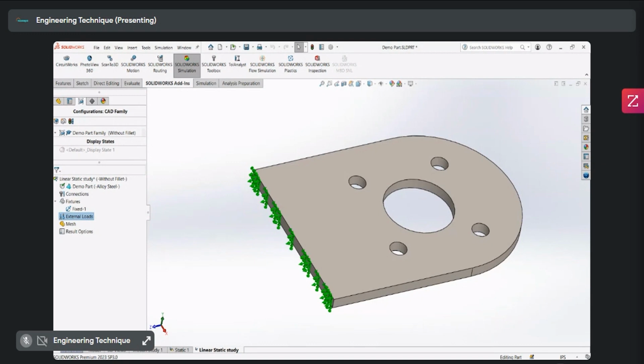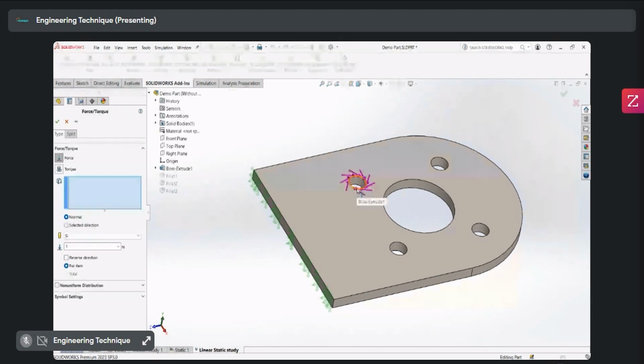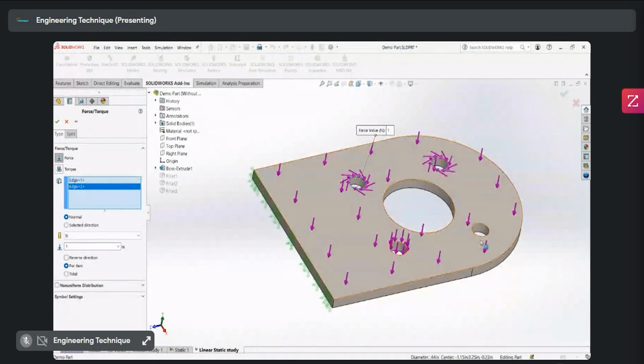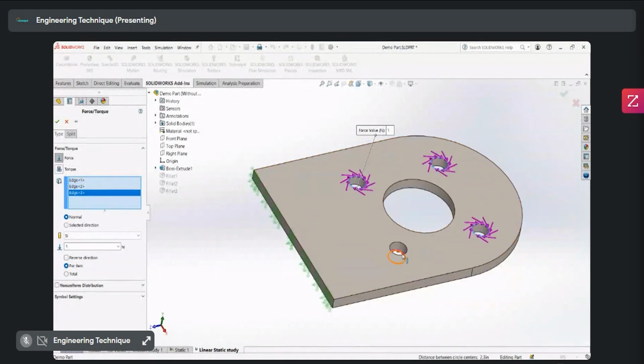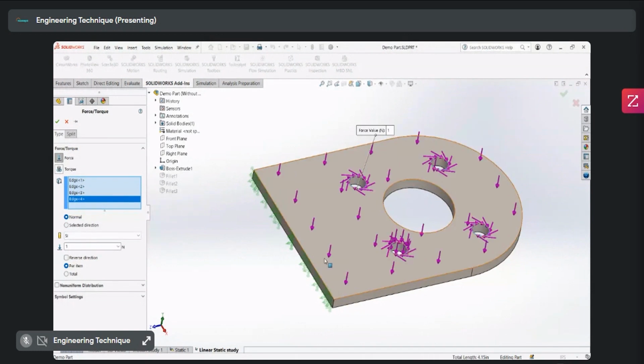You can apply the remote load, mass, and distributed mass, etc. What I am doing is applying a force on these small holes: one, two, three, and four. Now you can see the force is applied tangentially, but I want to apply it in the normal direction.